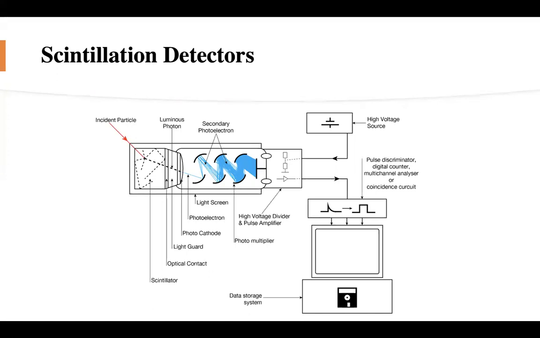So that's why we need specific electronics to make it easier to detect the signal and easy to process it later for different applications. It can be used for imaging, for counting, or as a spectrometer to identify the different radiation.